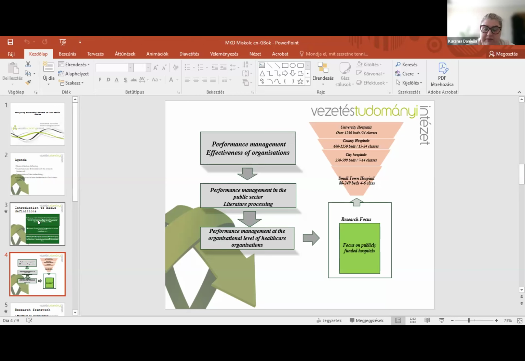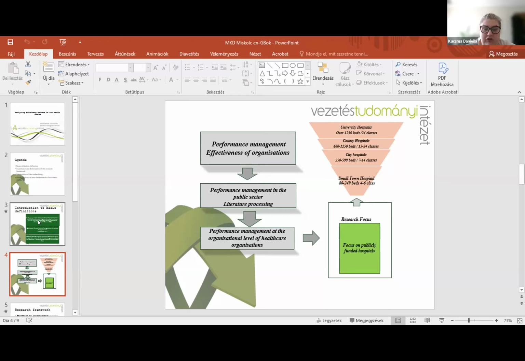I can make my research because there is a lot of literature on performance management, but when I searched, for example, health sector management, I didn't find enough. I saw this was the gap, and from this gap I can make many publications, because this topic is very important.